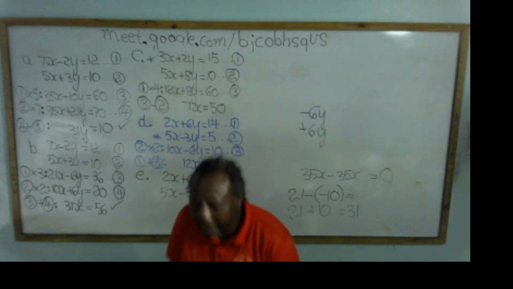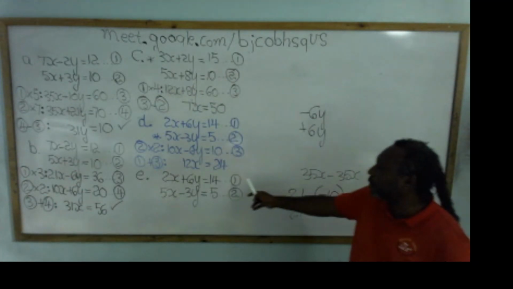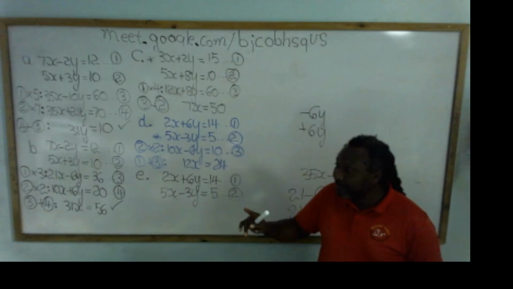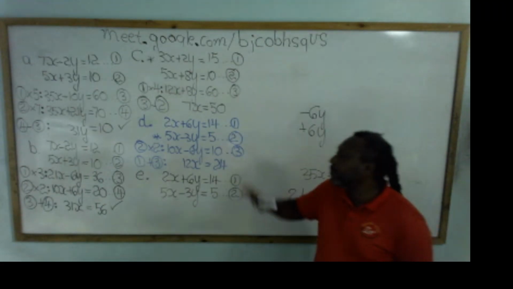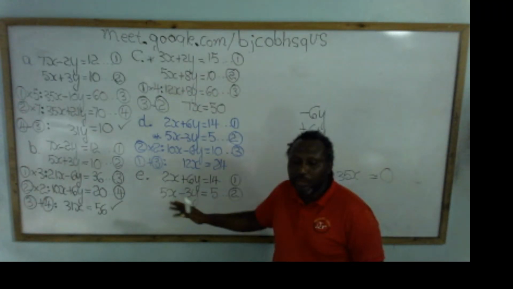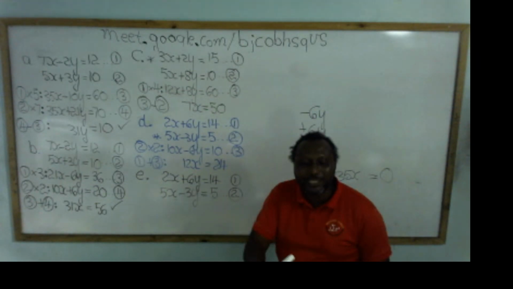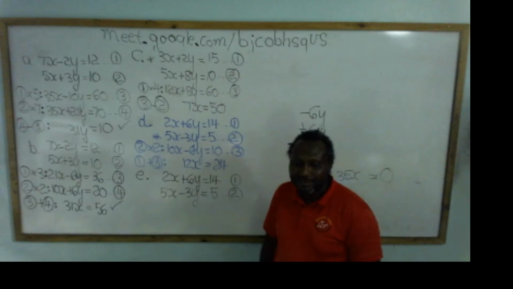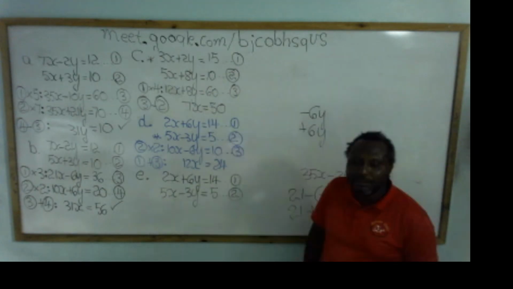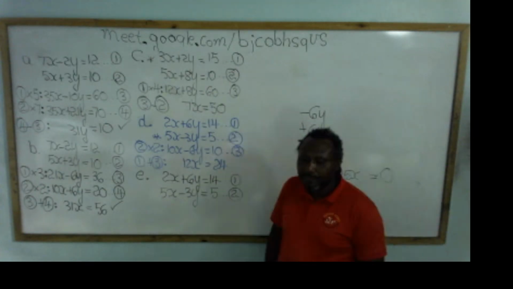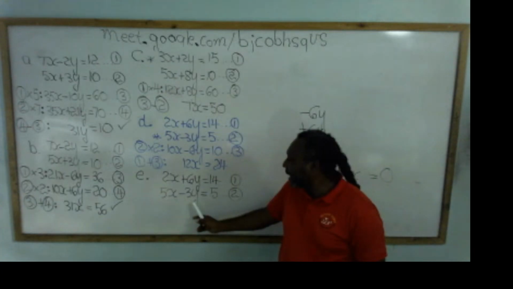Right. So now, if you look at these two equations, again, students, from time to time you will get a system that does not lend itself to simplicity. So you'll have to work it out a number of times. In this case, we have 3y here and we have 6y here.